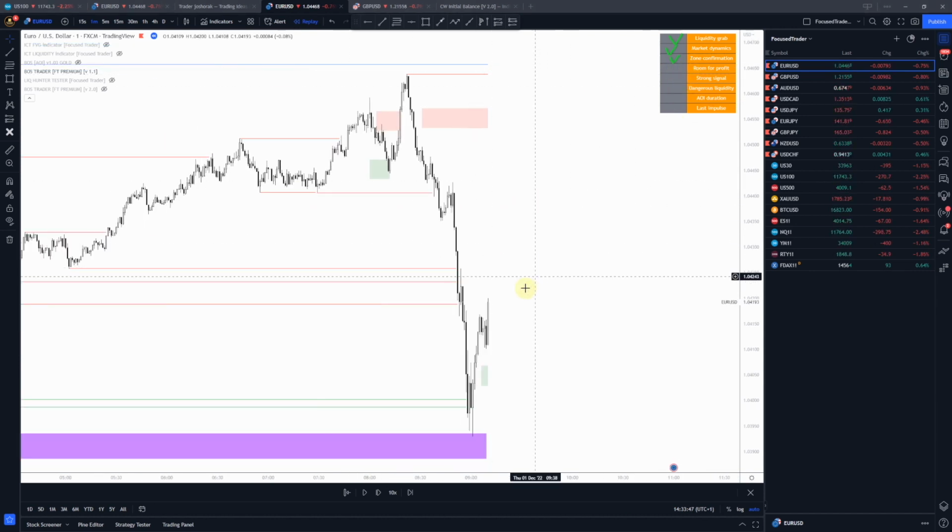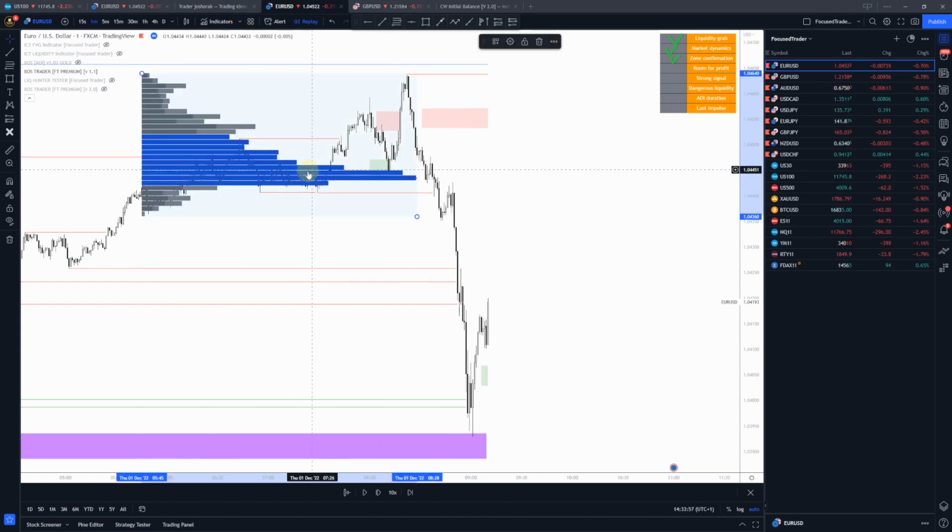Is there room for profit? Well, if we enter somewhere here in the area of interest, our target will be somewhere here, because there is no untested consolidation there. The only consolidation there is this one, and it has been already tested here by this movement.